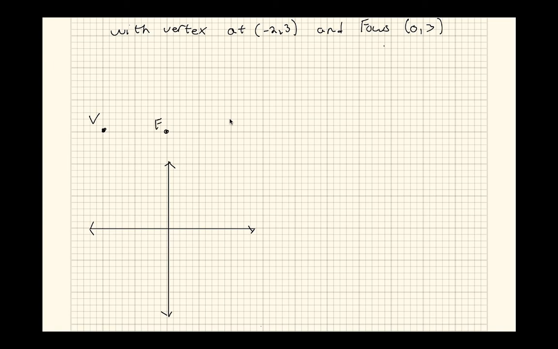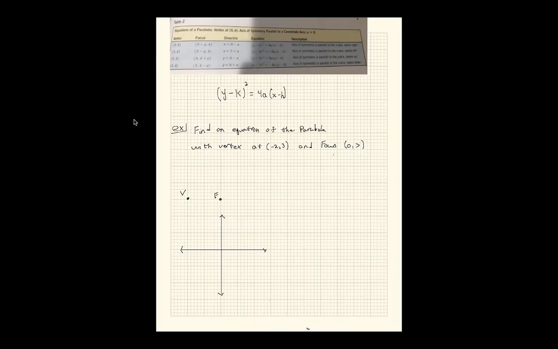Remember, I said the focus is always in between. We have another parabola that is opening to the right, which is y squared equals a positive 4a times x minus h. So it should look like this equation here, right? That's the one that opens to the right. So let's think.